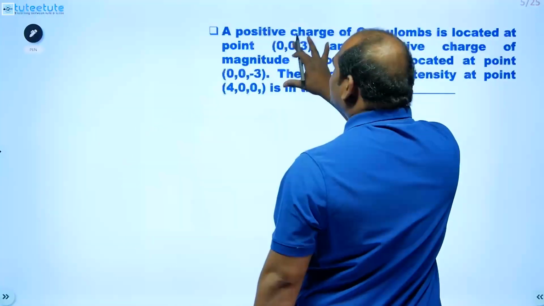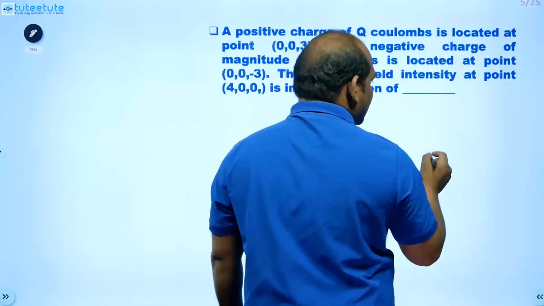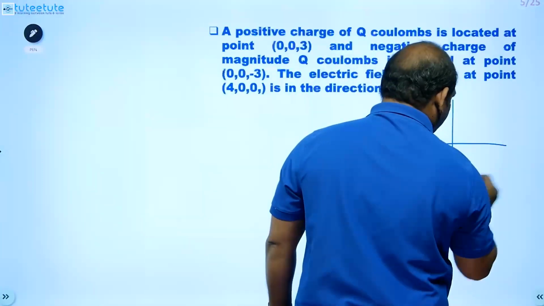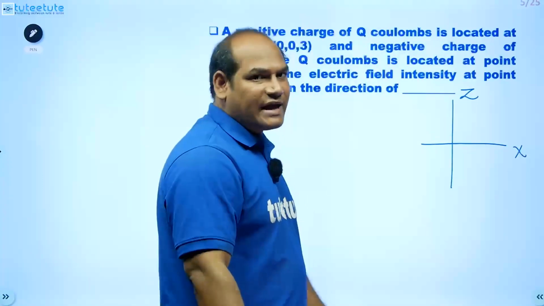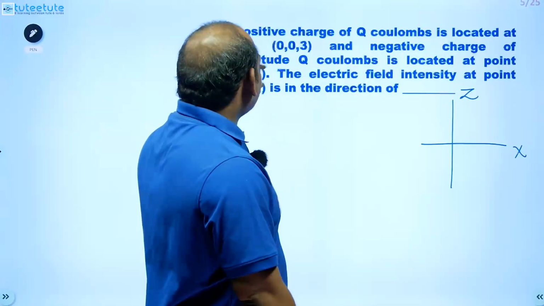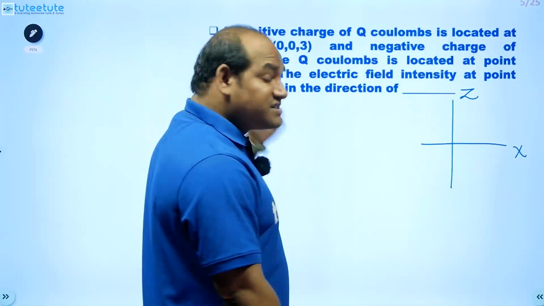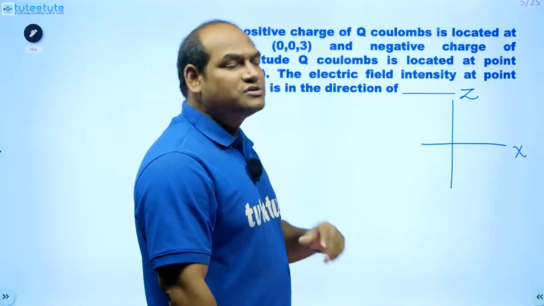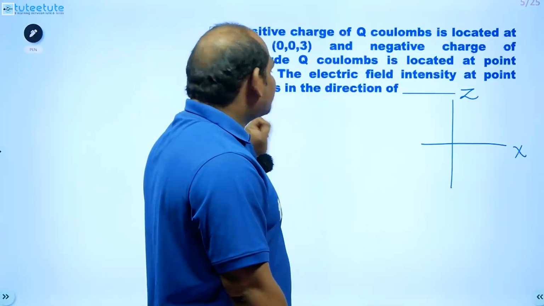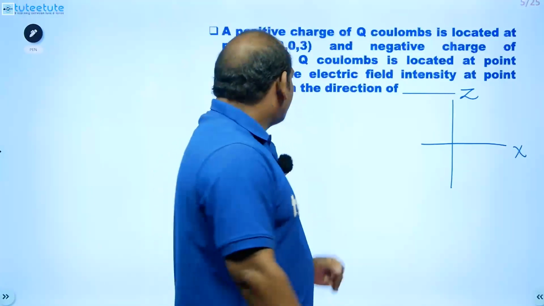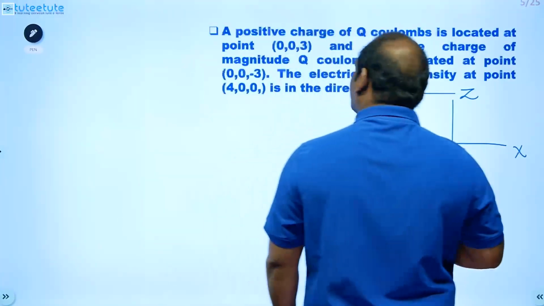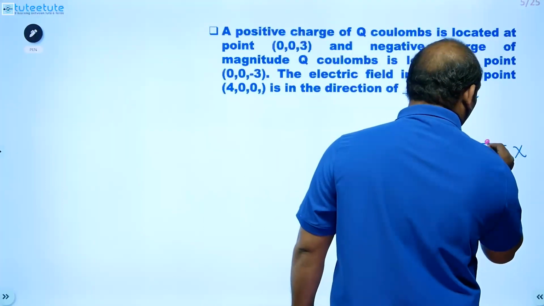Since we are working with the z-axis and x-axis, I am drawing those two only. No need to take the y-axis, because the two charges are on the z-axis. That means it is required to have the positive z-axis and negative z-axis, and the observation point is on the positive x-axis, like that I have taken. First I am indicating the observation point that is available at 4, 0, 0.